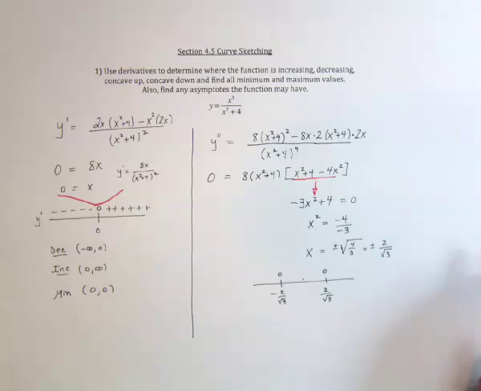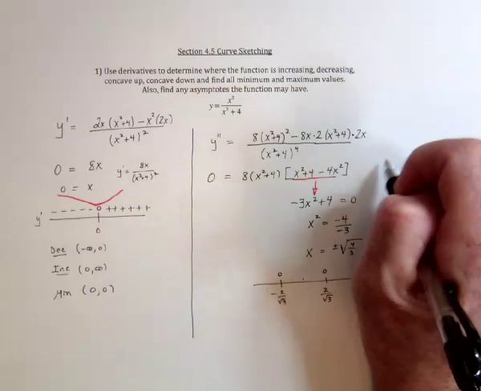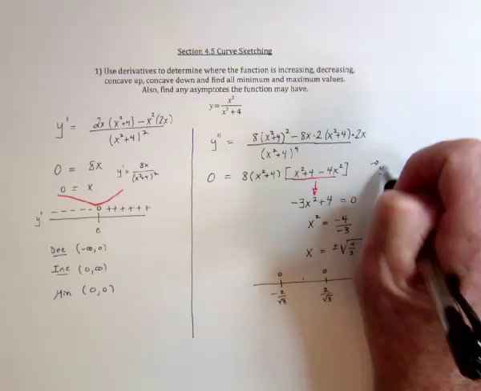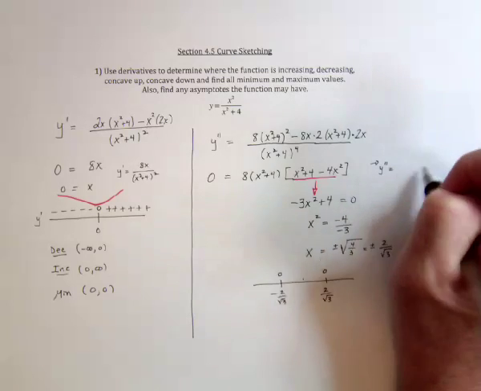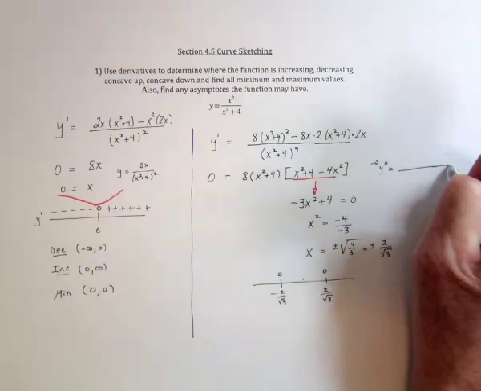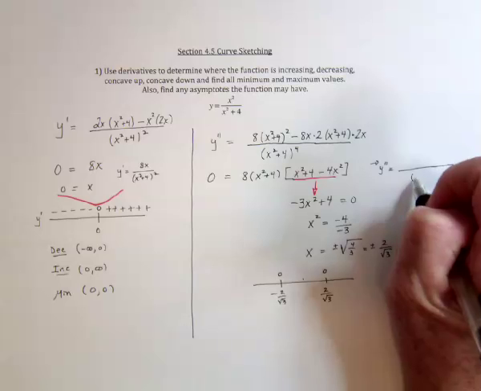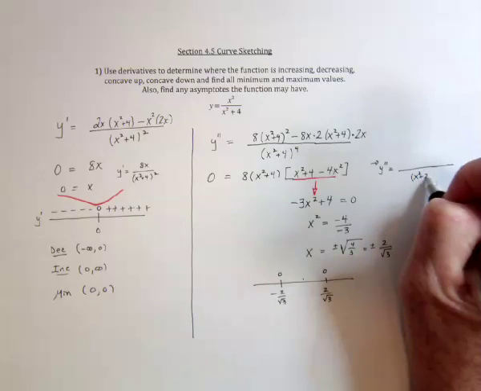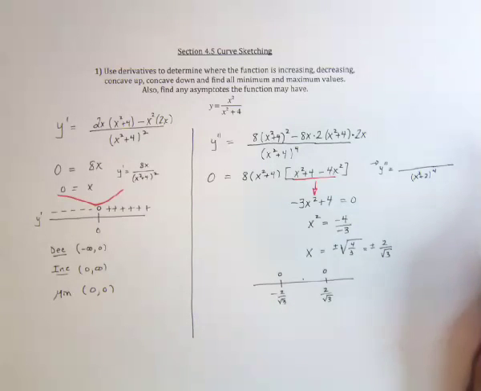Then where is it positive and negative? So it turns out that the second derivative has x squared plus 2 to the 4th for the denominator, so that's positive no matter what.